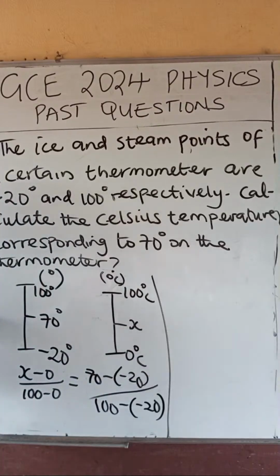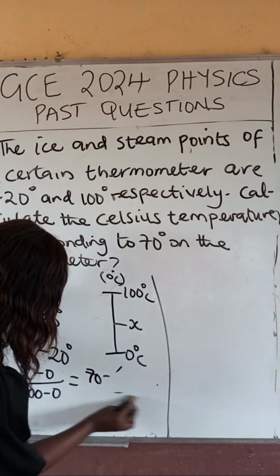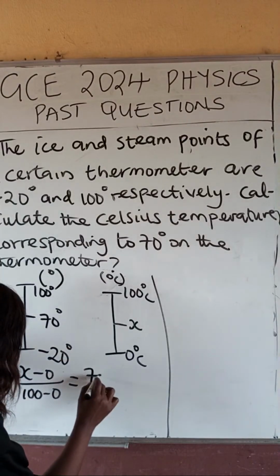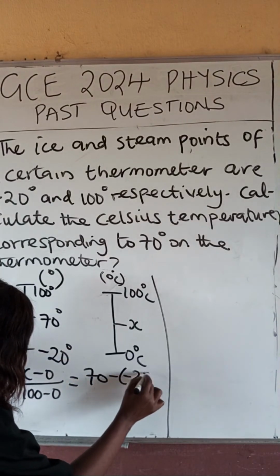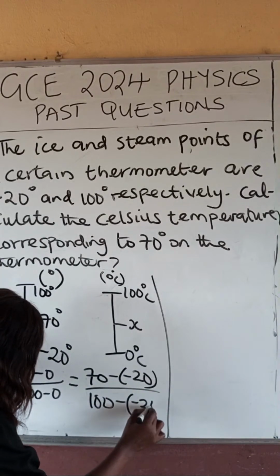Okay. Now, what do we have? So let me state it clear. I have 70 minus 20 all over 100 minus bracket minus 20.